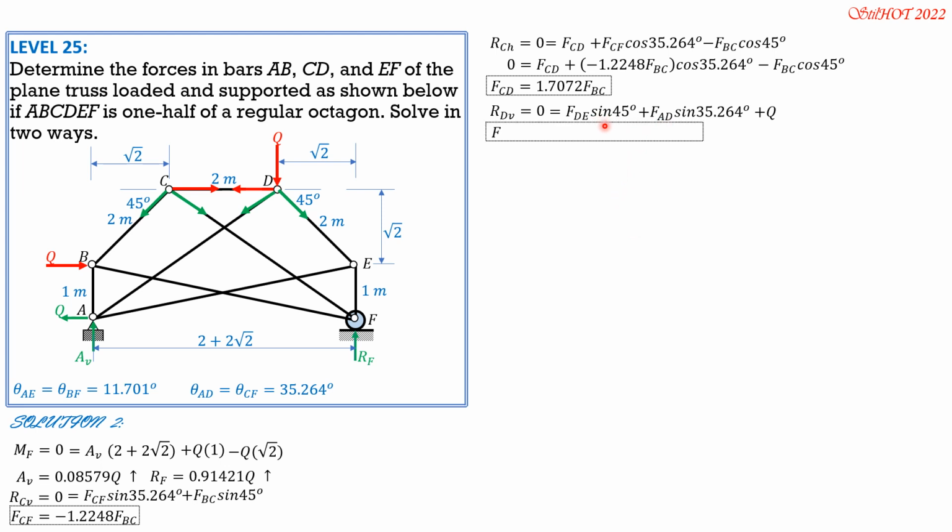So negative sine 45 over sine 35.264 is negative 1.2248 FDE. Then Q to the left, negative Q divided by quantity sine 45 plus sine 35.264 is negative 1.7321 of Q.